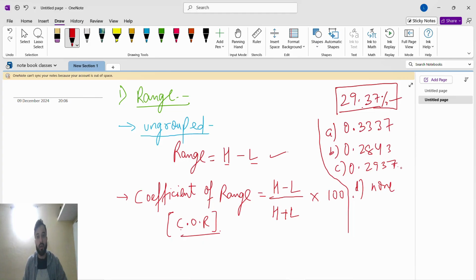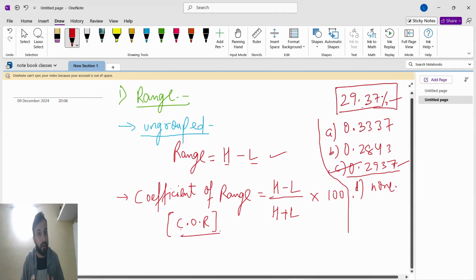What will you take? Not none of these. You have to take 0.2937, because your answer is 29.37% and here it is 0.2937. This means they have not multiplied with 100, but the answer is this only. Don't take none of these, don't take any other answer.